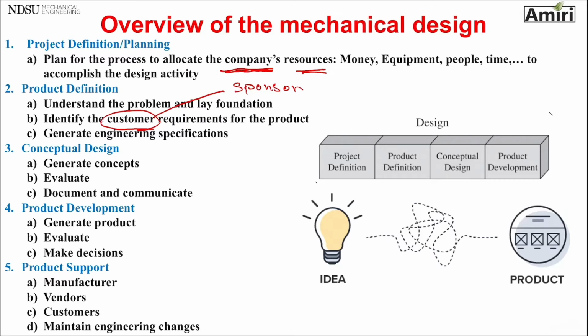Product support is what most of you don't have to worry about. After you're done with the product and give it to the sponsor, you need to support the manufacturers, vendors, customers, and provide any additional modifications that might be needed. But again, you don't need to worry about that.